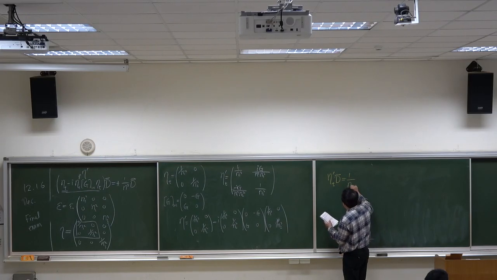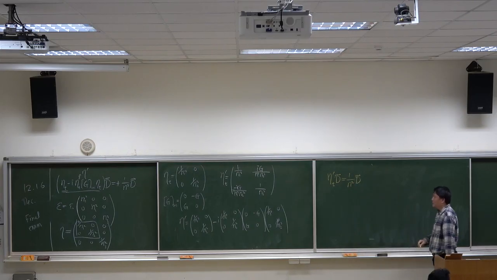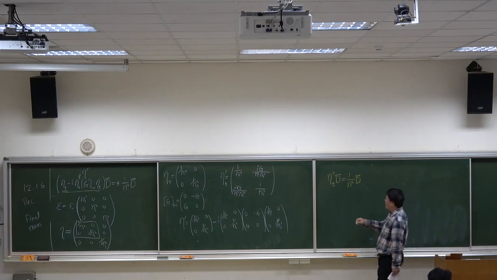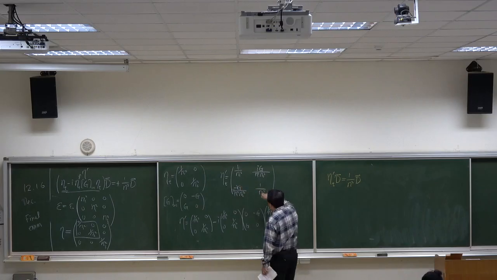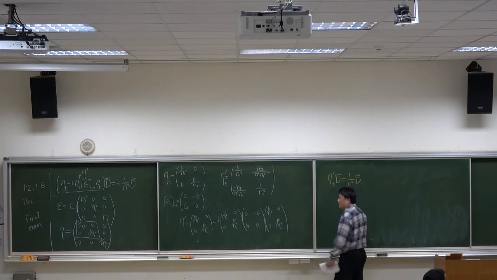So we want to solve this equation. Eta prime t times d is equal to 1 over n squared times d. This means that 1 over n squared is the eigenvalue of this eta prime t.